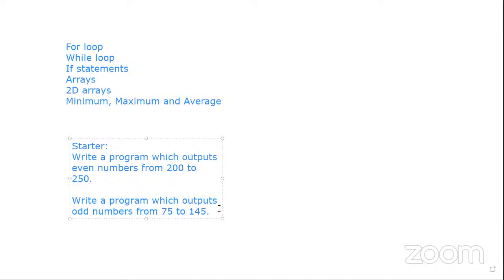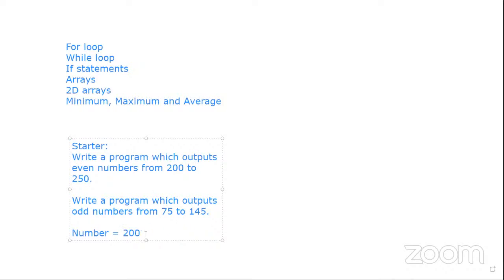Just a hint for you guys, just in case you're struggling. You gotta start off with a variable called number, and then for this first thing, since you want even numbers from 200 to 250, you gotta set number at 200.